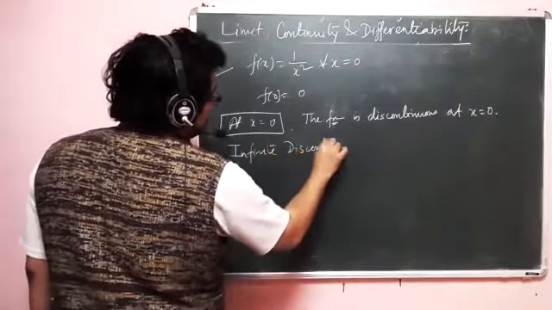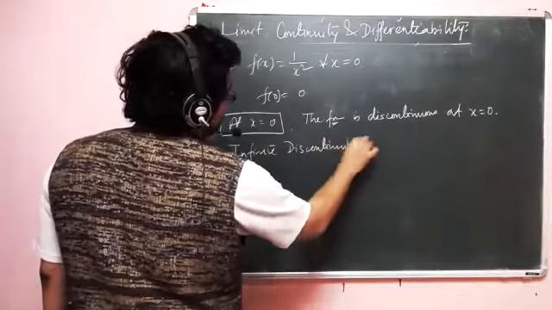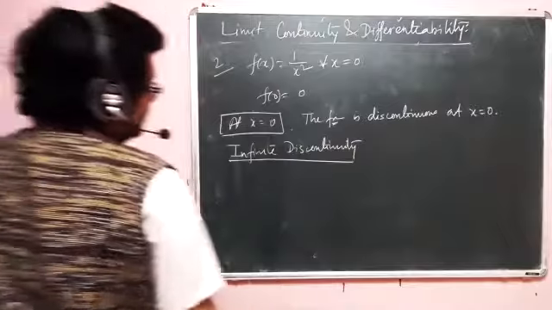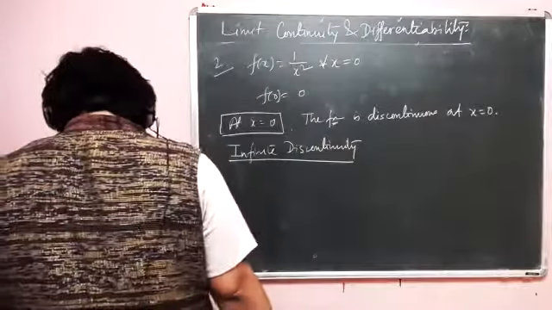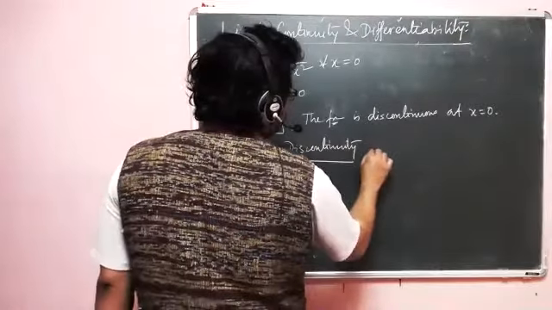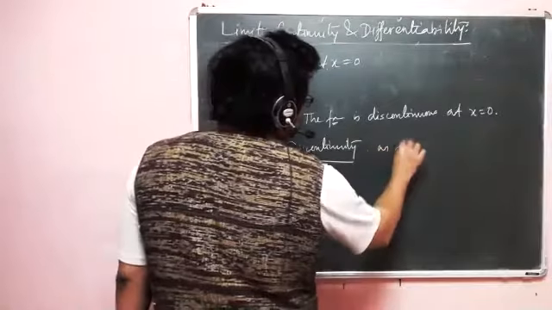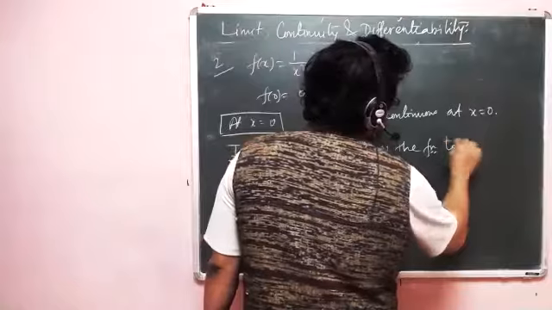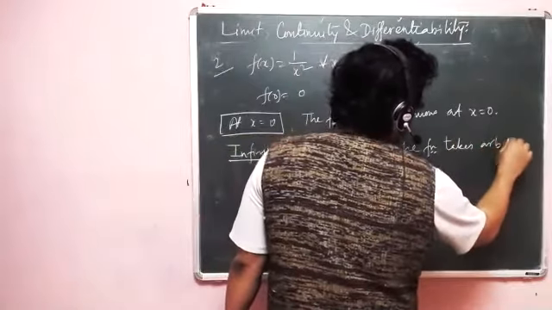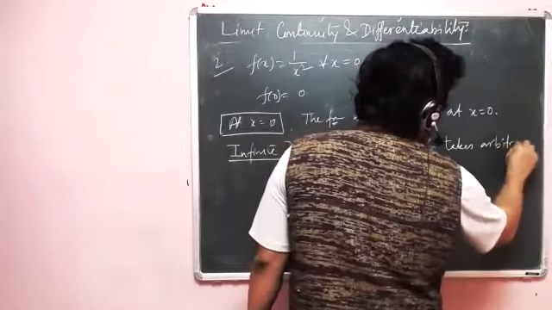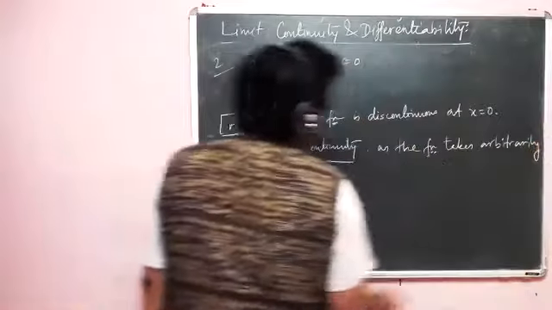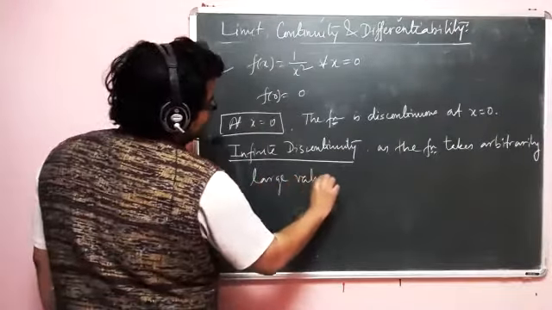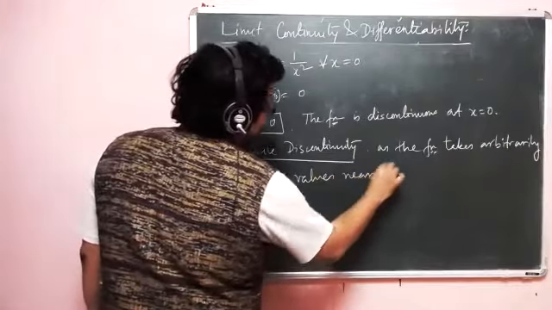You know why it is named such, because the function takes arbitrarily large values near the point.